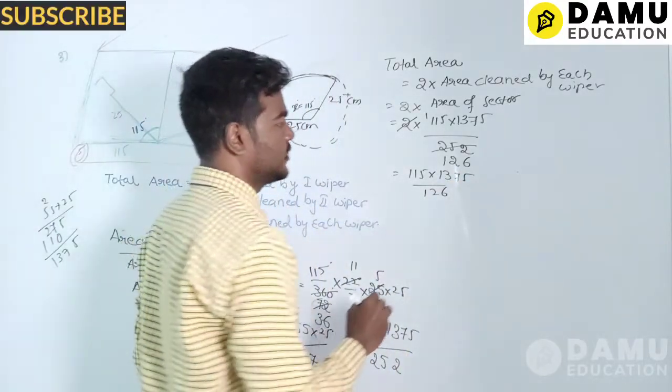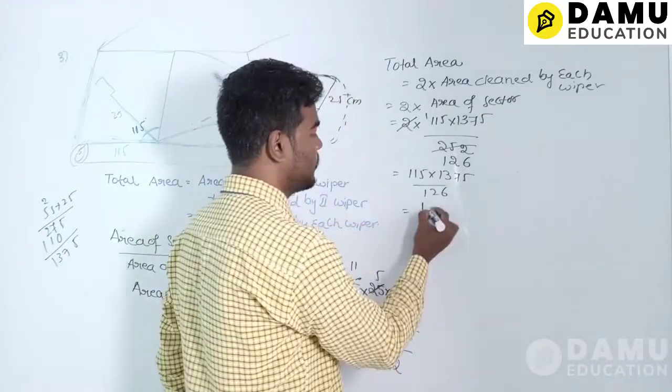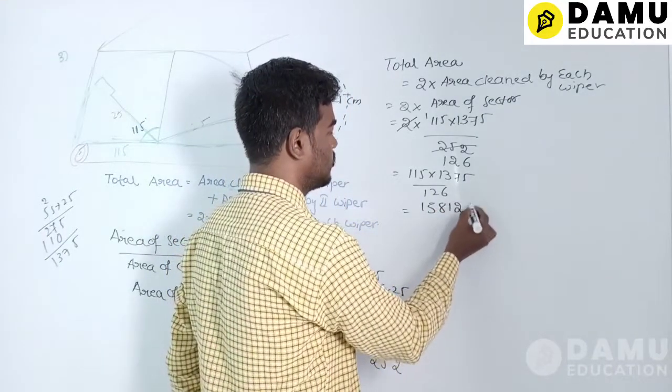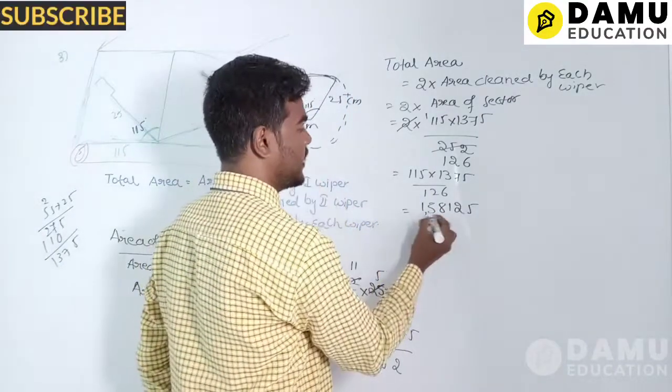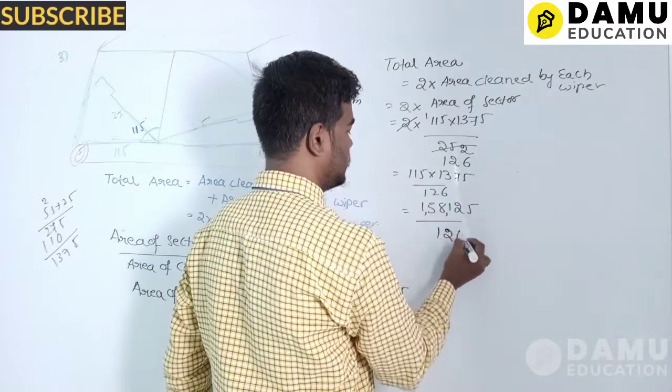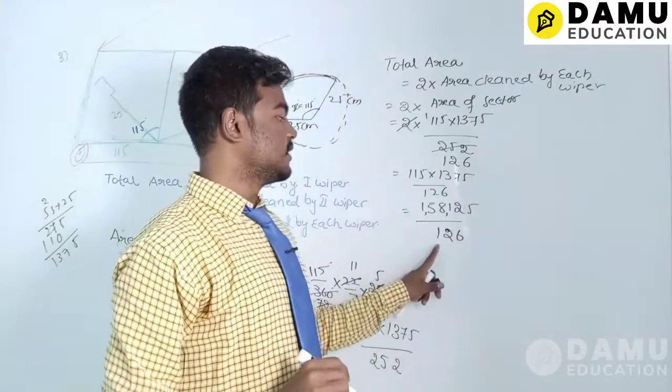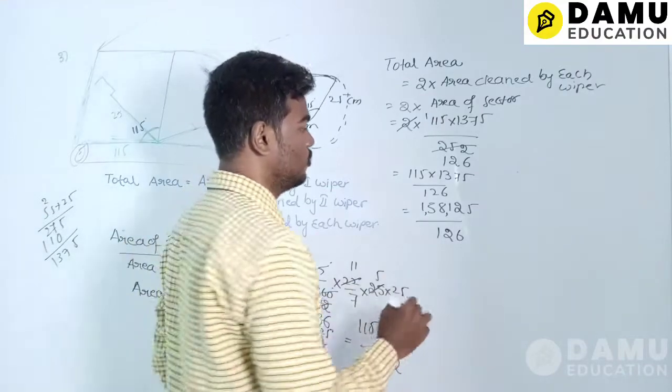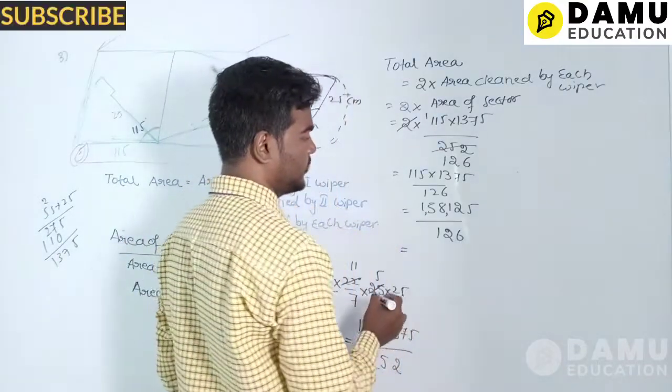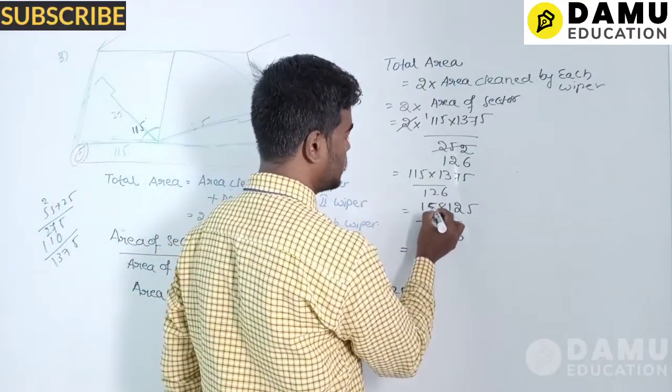So what value will we get here? 115 multiplied by 1375 gives 158,125, and this is divided by 126.